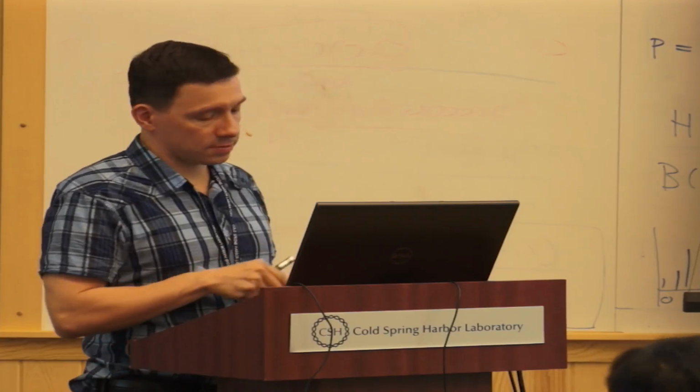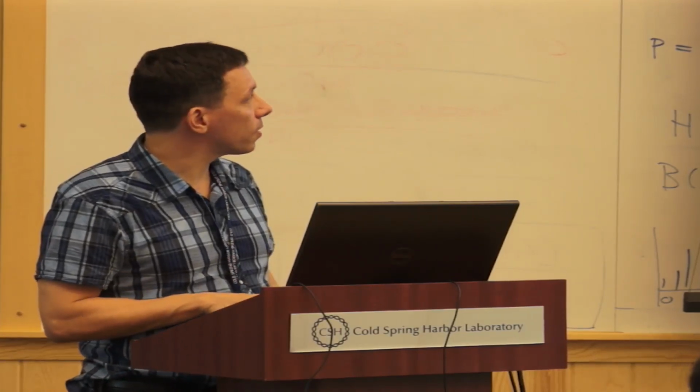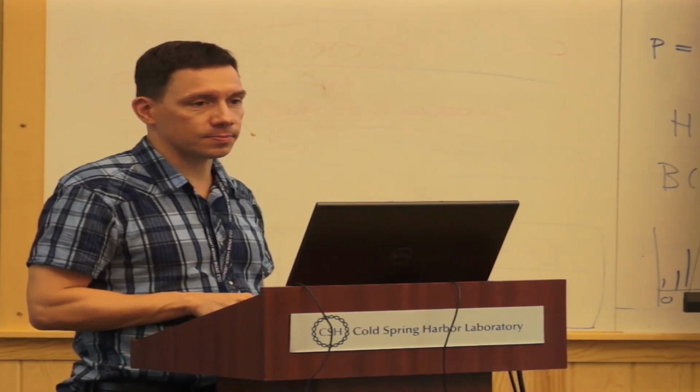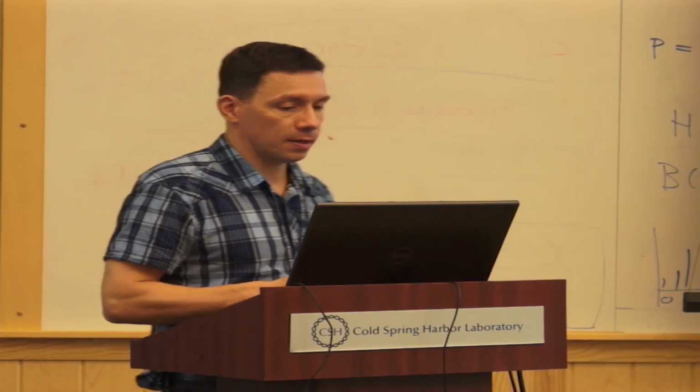There's a vast literature on scale-free networks. Why are they good? Why are they bad? As I mentioned, for example, Dr. Barabasi's group has investigated these properties of these networks.